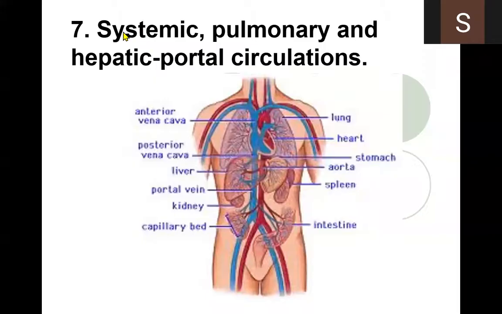Okay, so let's go to our presentation. Any questions about this? No. So, like I said, we have the systemic circulation, the pulmonary circulation, and the hepatic portal circulation, okay?